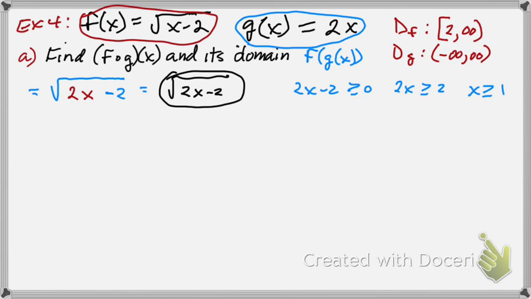Would anything bigger than 1 work? Let's try 3, just for example. So 2 times 3 is 6. I send that to F. 6 minus 2 is 4. I get square root of 4. I get 2 as an answer. Yeah, that works. So the domain for the whole thing would be what? X has to be at least as big as 1. Not bad.